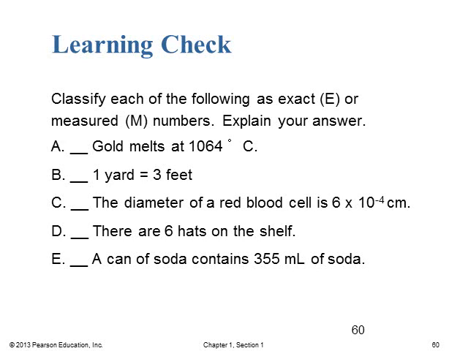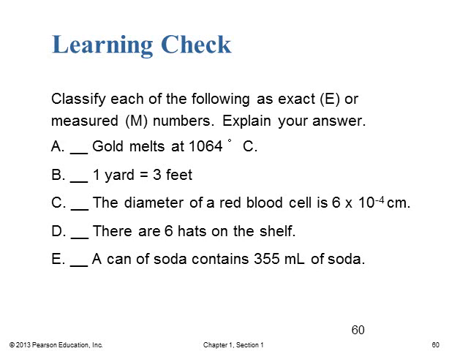All right, and so here we are going to identify each of these scenarios as having exact or measured numbers. So gold melts at 1064 degrees Celsius. We're going to use something to come up with that temperature, and so we have a measured number in that case. If we have 1 yard equal to 3 feet, that is a conversion. That is a definition, and so that's an exact number.